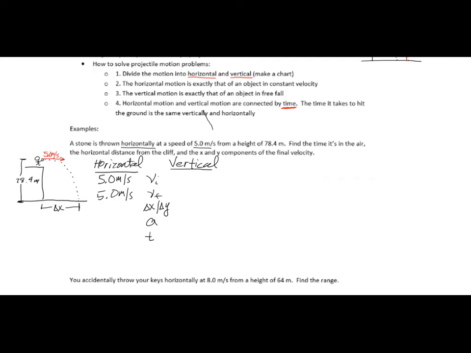horizontal velocity. Okay, and then if watching the vector video, any vector that is totally horizontal has a vertical component of 0.